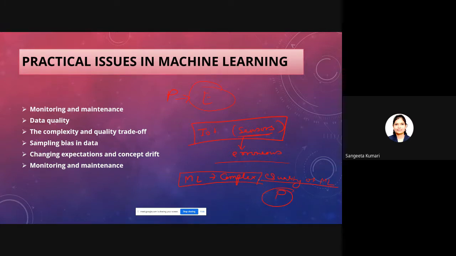But to identify in different scenarios, that ML is going to be complex, right? A machine learning algorithm is going to be complex when you need to consider various things, right? So this is the trade-off, and you need to understand it properly.